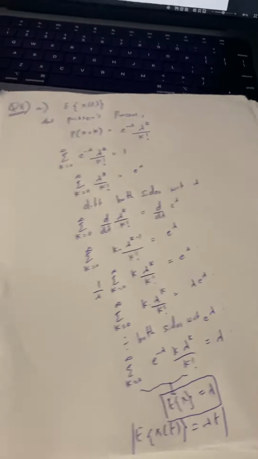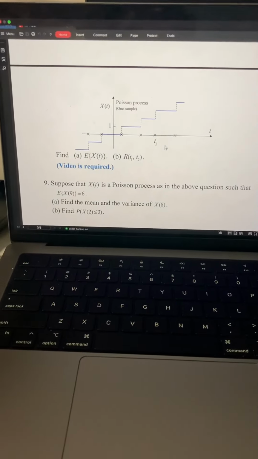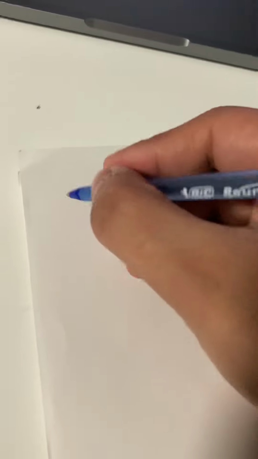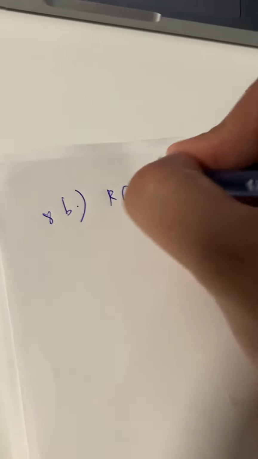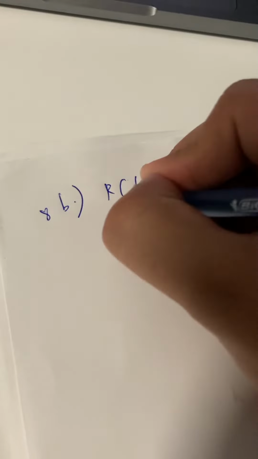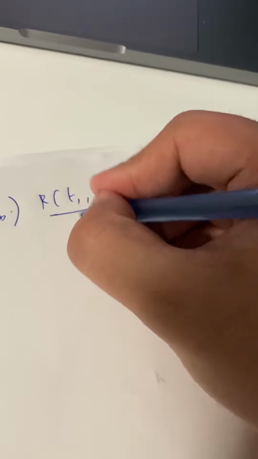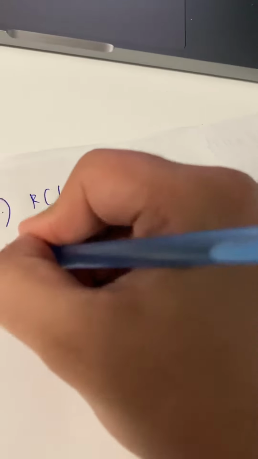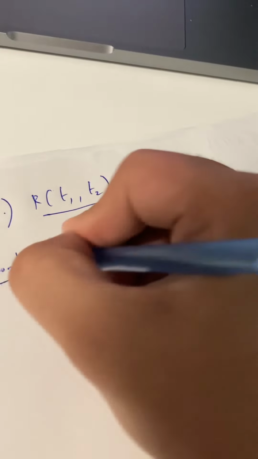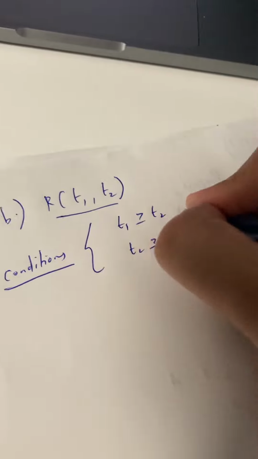So let us look at part B. In part B, we are told to calculate the autocorrelation of T1 comma T2. Here we can solve this using two conditions: first, T1 is greater than or equal to T2, and second, T2 is greater than or equal to T1.